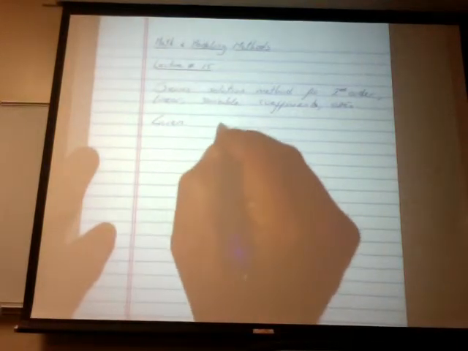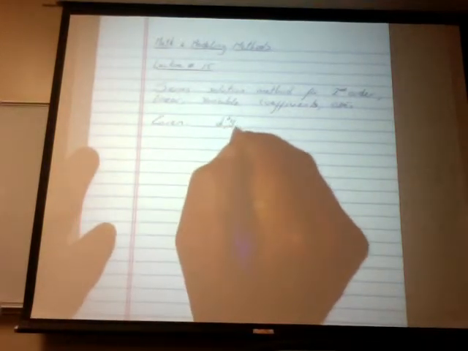ordinary differential equations. Okay, so let's assume again that we're given this equation and it's written in this particular form. We're looking for a function y of x. So this is a boundary value problem.